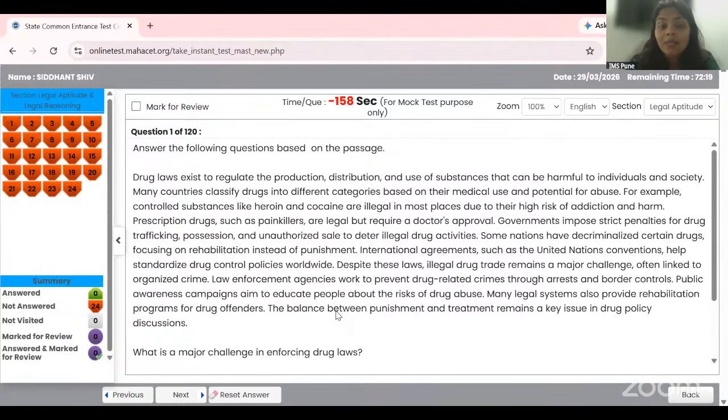At the same time, they know that it is for medical purposes, and we are not abusing such medicines or drugs which are available, and what kind of penalties there are. All of this is mentioned here.